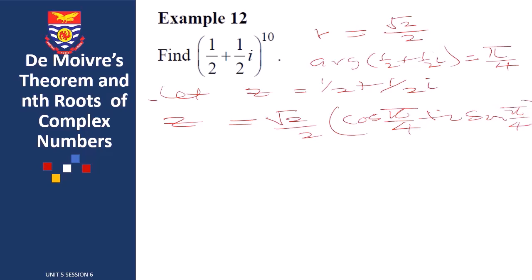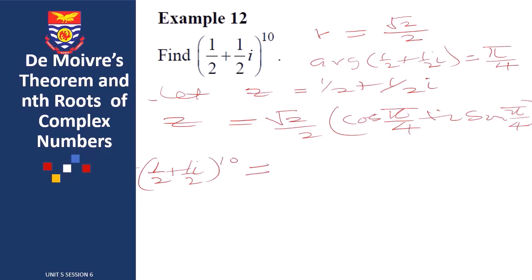Once you've been able to express the number in polar form, the next step is to use De Moivre's theorem. So by using De Moivre's theorem, we have (1/2 + 1/2 i) to the power 10, which I could also write as z to the power 10.